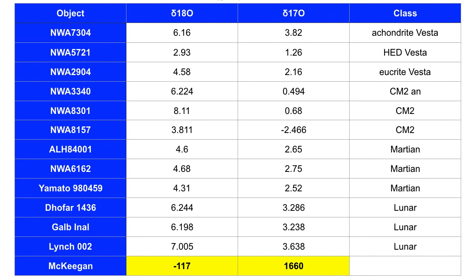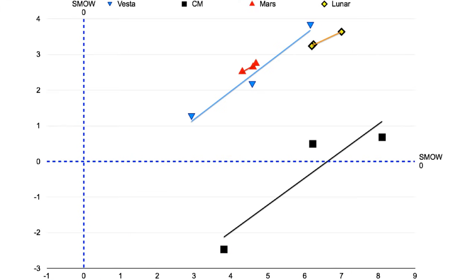It's not grossly depleted of oxygen 18, but it is significant, especially relative to these other meteorites, because it's a different process. What it went through, that little grain of a red giant star, is different from what asteroids and meteorites have gone through. And it's way hot in oxygen 17.